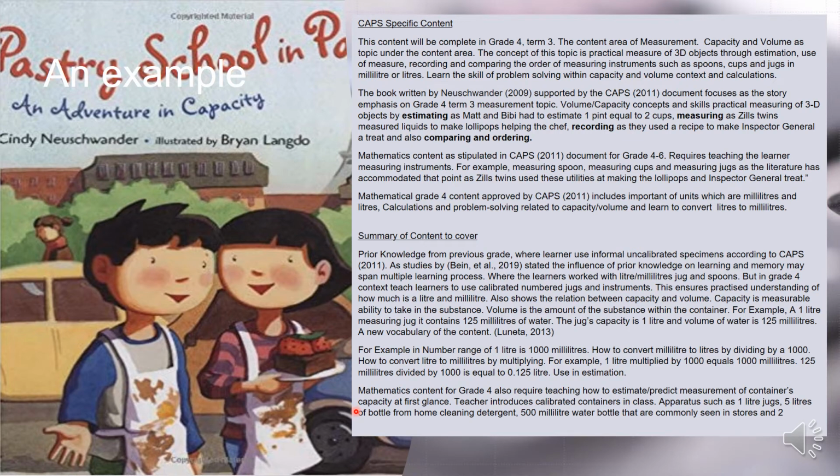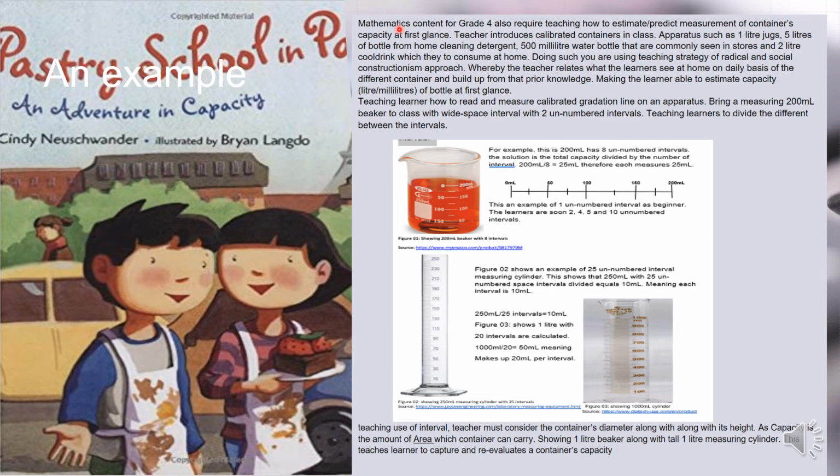At first glance, the teacher introduces calibrated apparatus in class, in which 1 liter jars, 5 liter bottles from home cleaning detergents, and 500 milliliter water bottles as commonly seen in stores are used. Mathematics content for Grade 4 also requires teaching how to estimate or predict measurements.